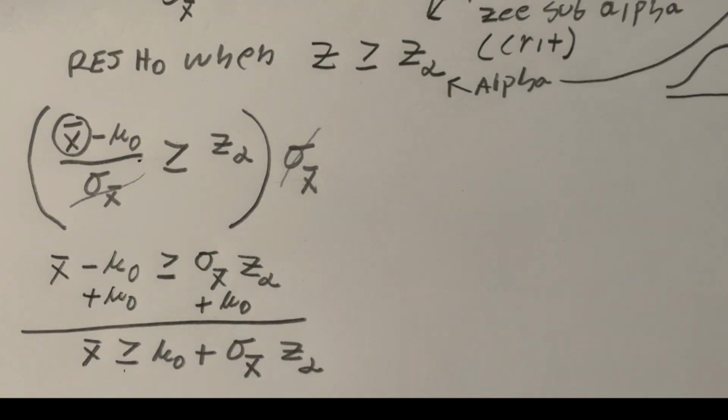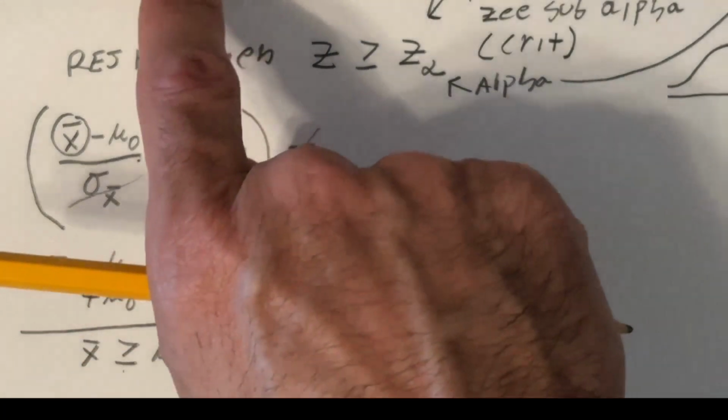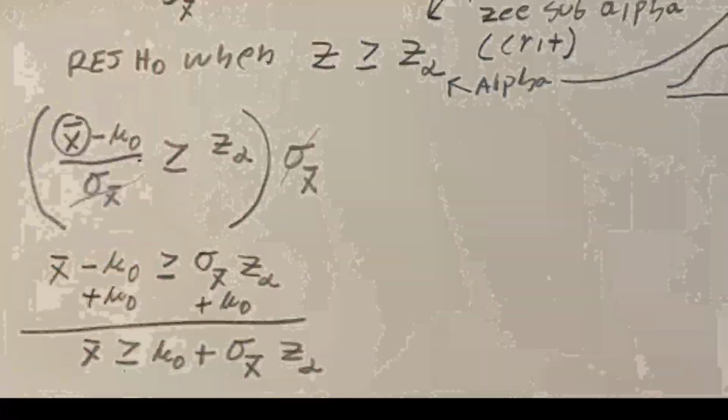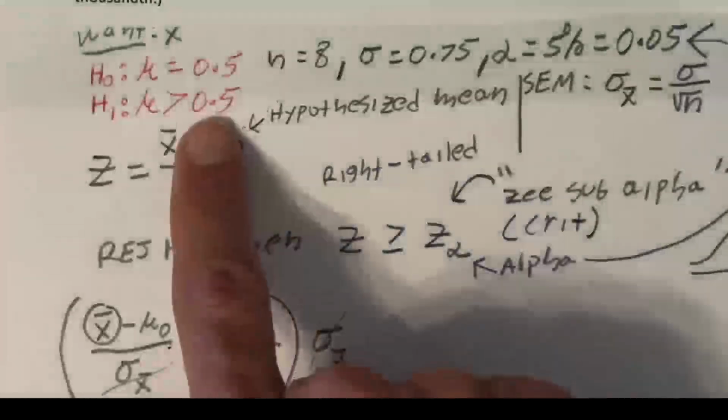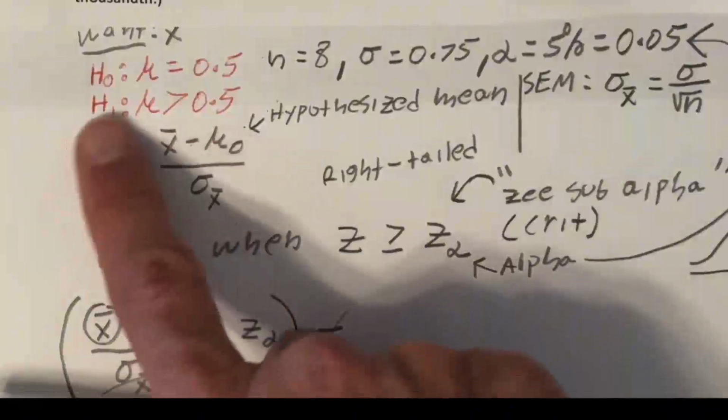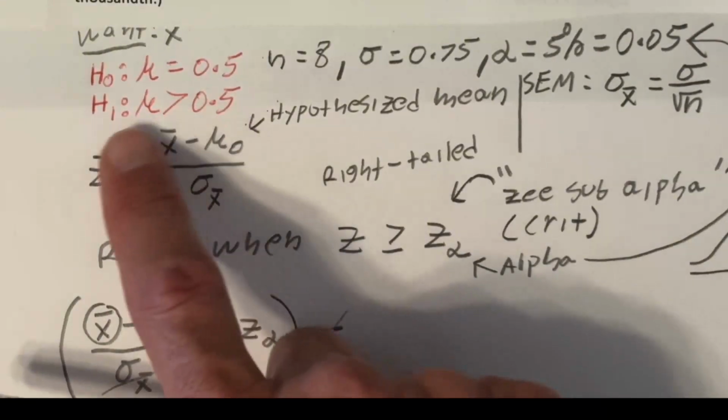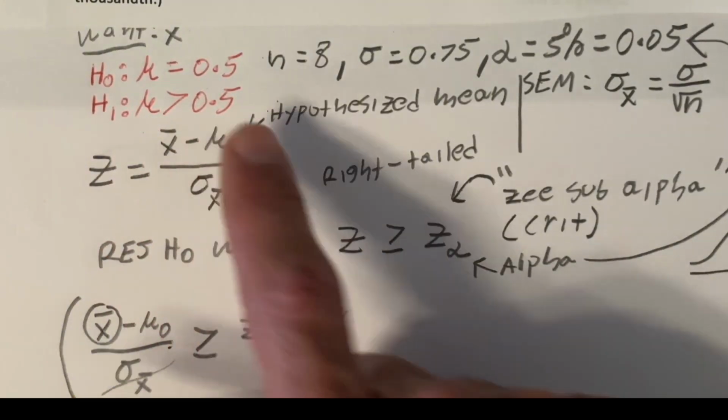But let's look at what this says. This says, for this sample mean, also known as an observed mean, to be statistically significantly greater than 1/2. Here's where the 1/2 is. It's the alternative hypothesis, greater than 1/2.